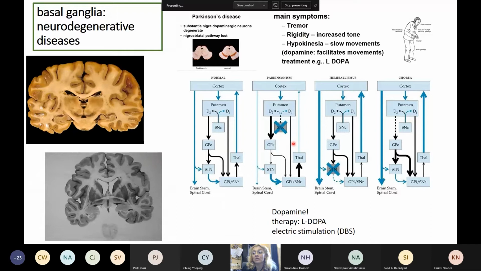And of course, the logical replacement therapy is that you give dopamine in form of a precursor, L-dopa, and this is how most of the patients are handled. Details you learn in neurology and pharmacology later.